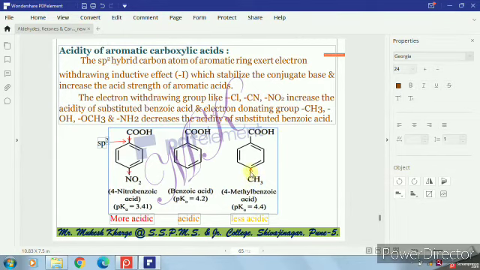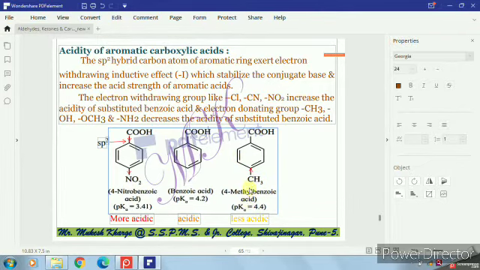These groups supply electrons to the benzene ring, and the negative charge over the para position in the resonating structure of benzoate, the conjugate base of benzoic acid, cannot be stabilized by this CH3 group, because it donates electrons instead of withdrawing them.